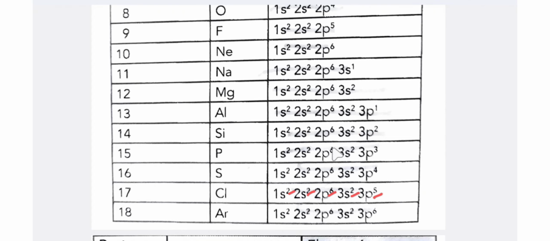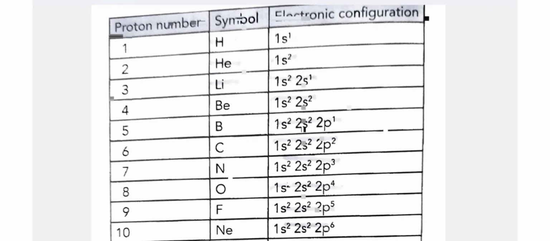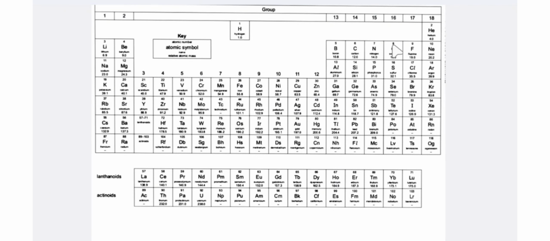Now, how can we determine the electronic configuration easily from the periodic table? Let's suppose we choose chlorine. Chlorine is in period 3, that is period 1, 2, 3, and we remember that it is a p block element.